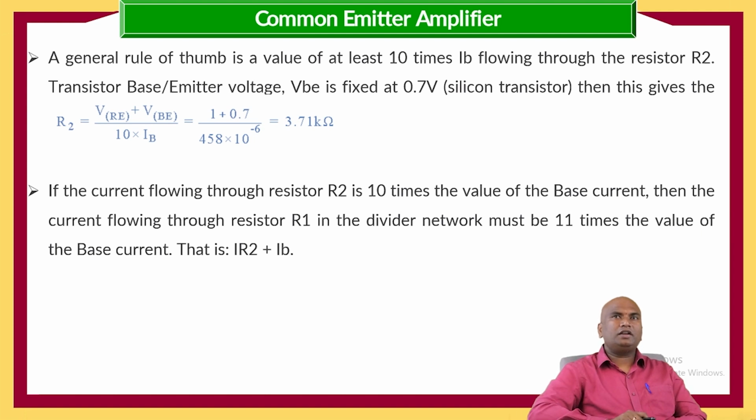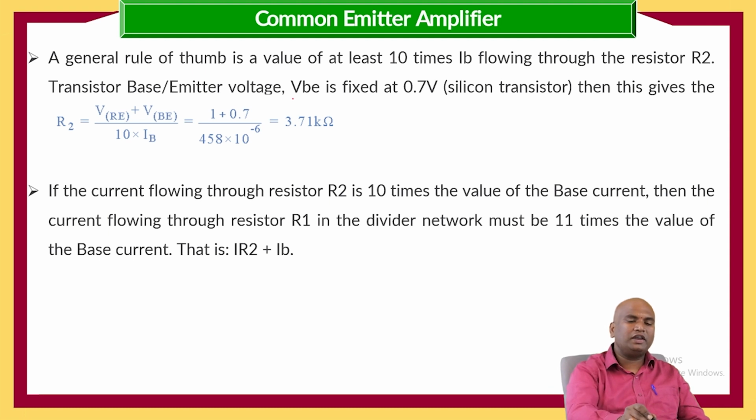A general rule of thumb is a value of at least 10 times the IB, which is the current flowing through the resistor R2, as the base current is very small.